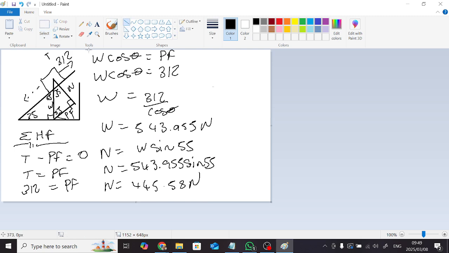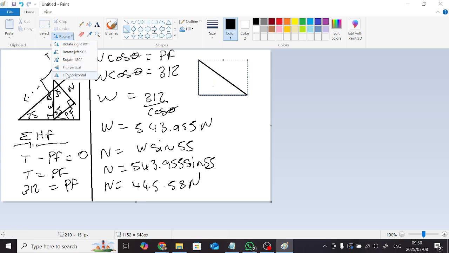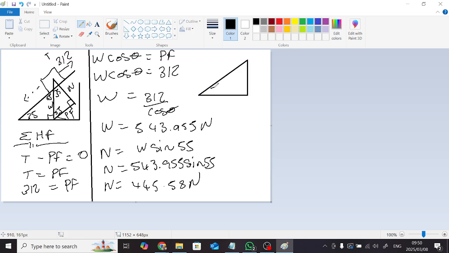Okay, so I'm going to draw this little triangle over there, just so you can see it. So this is 55, 35, right? And this is that W force. And this W force is going straight down, like we said.